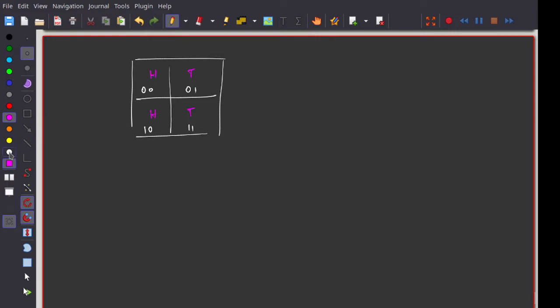You look at all the squares which have a head and take the bitwise XOR of the numbers corresponding to those. In this case, it is 0 0 bitwise XOR with 1 0, which gives you 1 0. That is something.